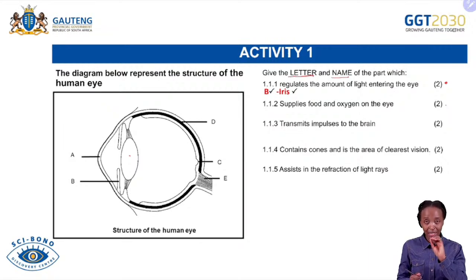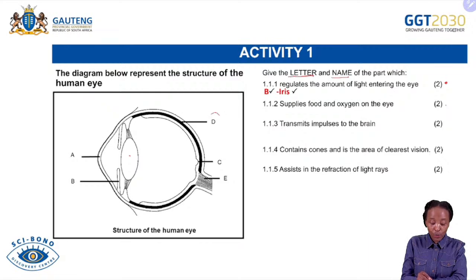It's darkly pigmented so that it helps in the absorption of light and prevents the reflection of light. At the same time, it supplies the eye with nutrients and oxygen. When you look at the diagram, that part would be the choroid. So let's look, yes. So the answer is D, and it is the choroid.